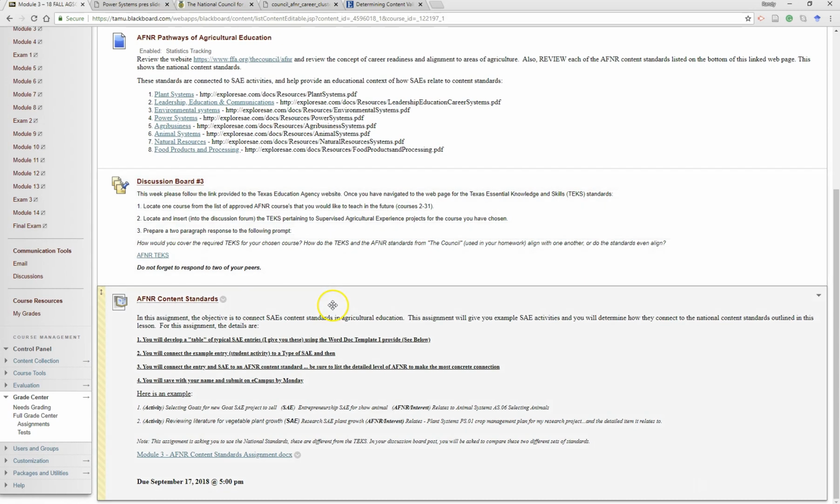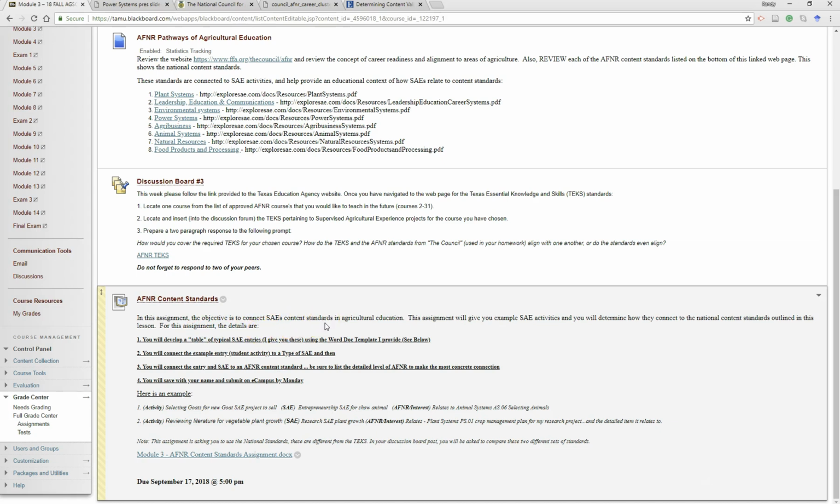Okay, finally here, the assignment for this week comes to the AF&R content standards. Similar to what we've been talking about throughout the week is looking at those standards. You're going to develop a table, and I've provided the table within a Word document of typical SAE entries.